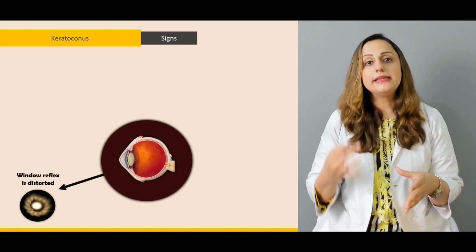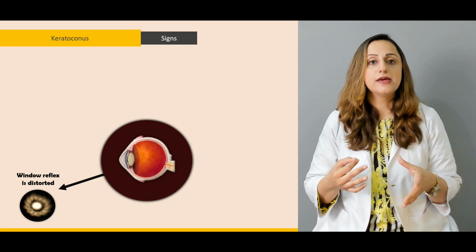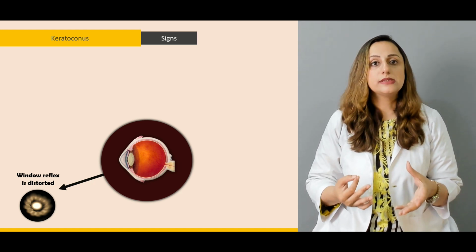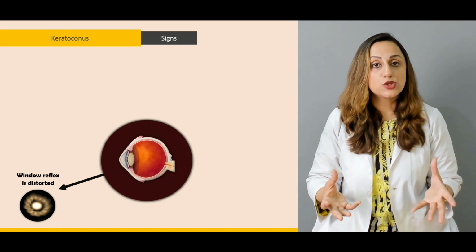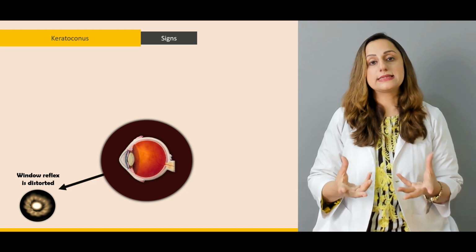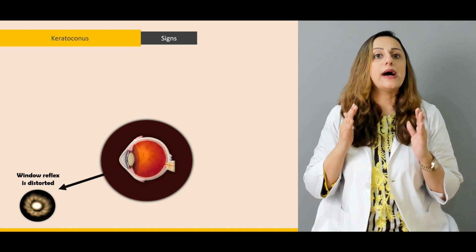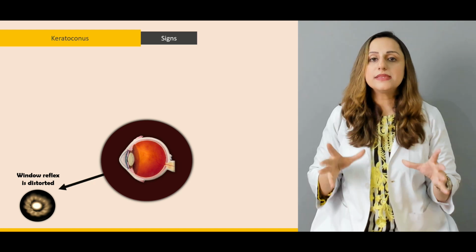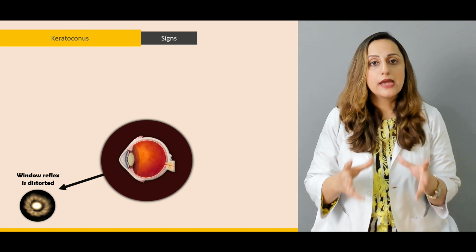So the corneal blink reflex is also known as a window reflex. And again, if the cornea of the individual is sensitive enough, or if there are no neurological deficits in the individual, the blink reflex is a normal phenomenon. So if it is distorted in any case, that is going to highlight the fact that the epithelium is not working in a proper manner, or it's not working in a normal condition.